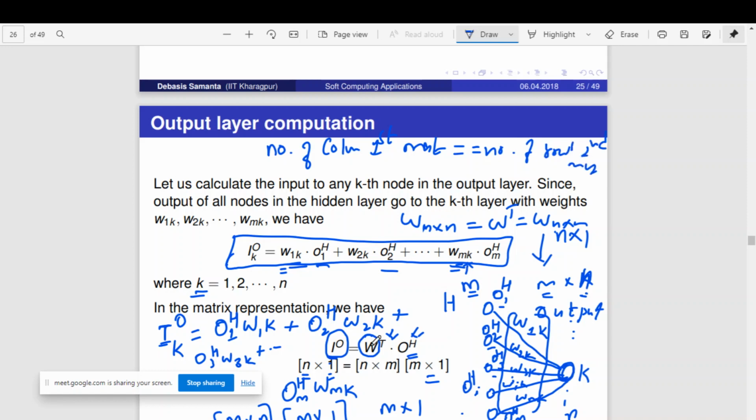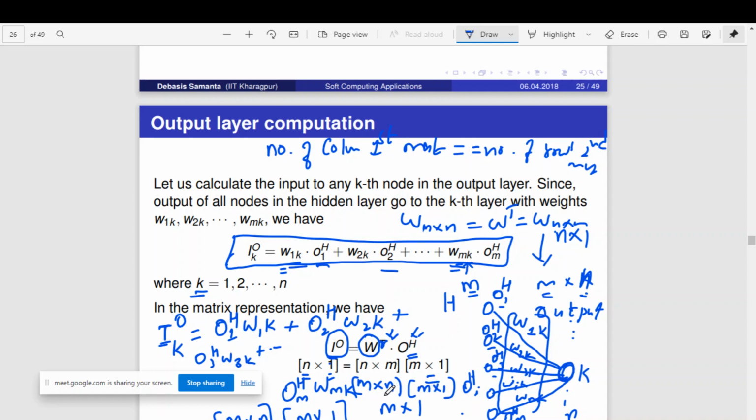Here, if you don't do the transpose, then what will be this size? Say W transpose is not done, then the size is m cross n, and O is m into 1. So can you multiply these two now?